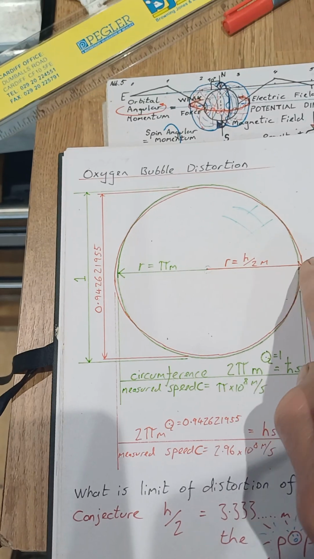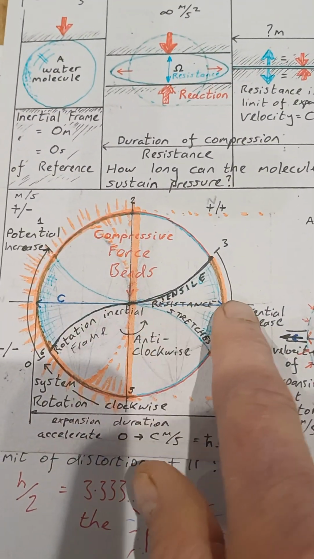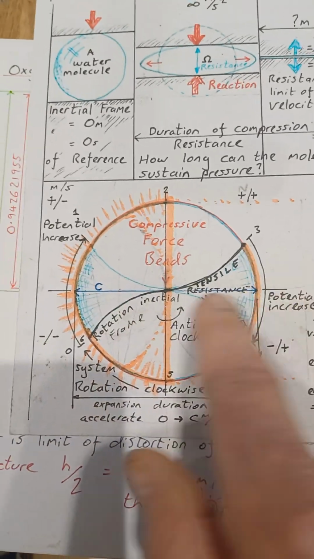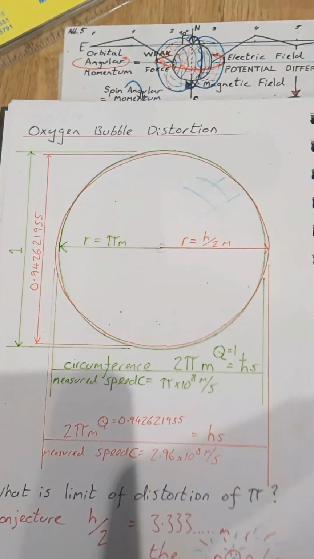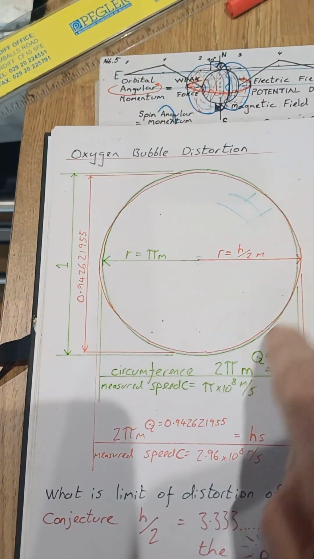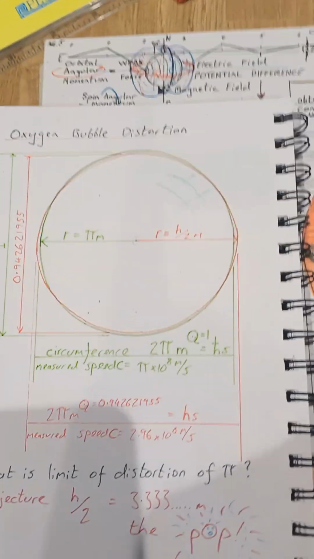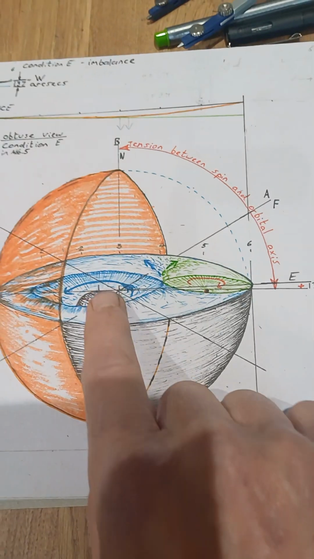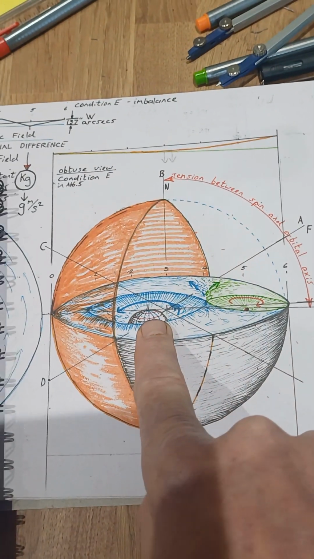This distance is that distance. How far does the light travel before it breaks free from the atom, creating the light, creating the tension inside? It'll take longer if the bubble is distorted. And why will the bubble be distorted? Because that's going too slowly.